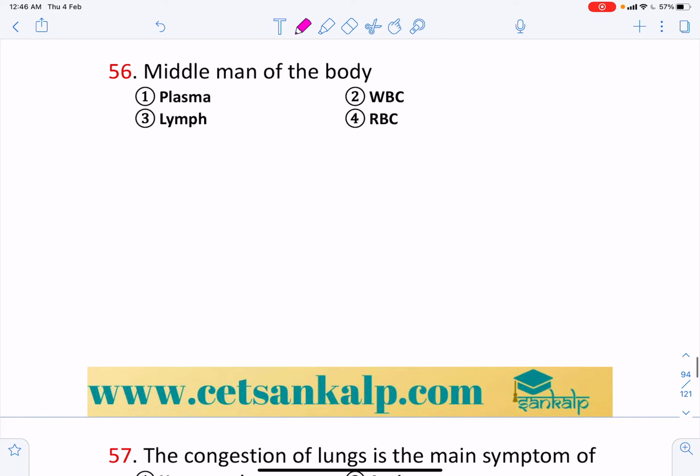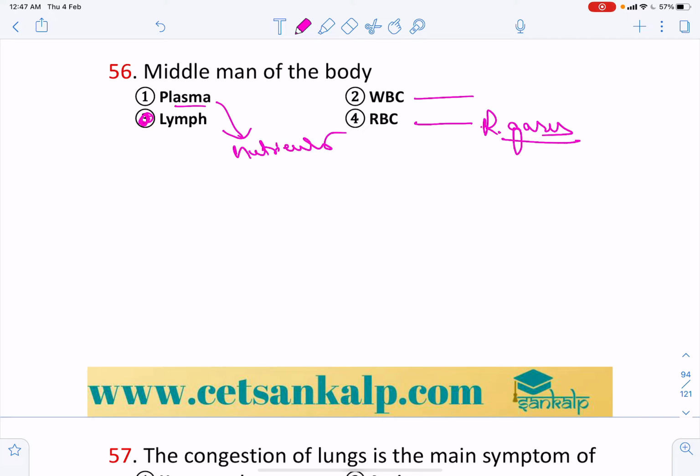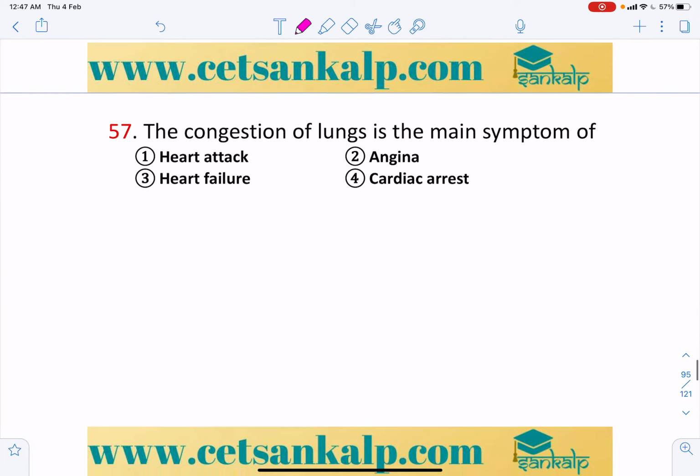Middleman of the body, already we discussed, is lymph. WBCs play a role in immunity, RBCs transport respiratory gases, and plasma transports all nutrients and also the waste which will be eliminated.